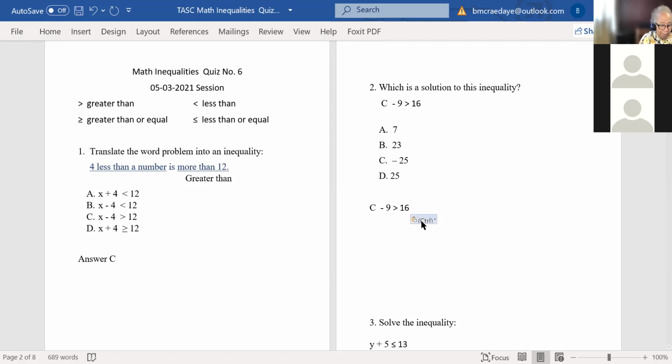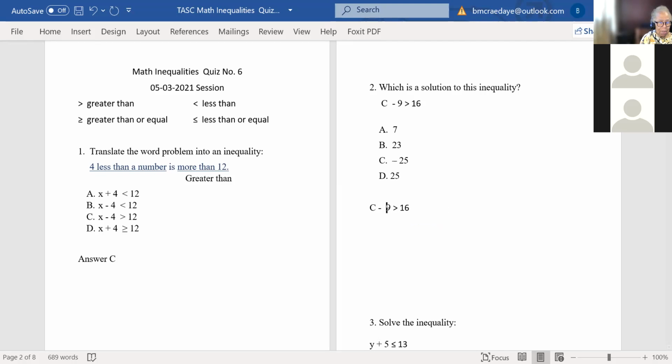I divide by 9, right? You didn't divide, Maureen, because I don't see a multiplication. That's a subtraction. The opposite of subtraction is addition. So what did you do?